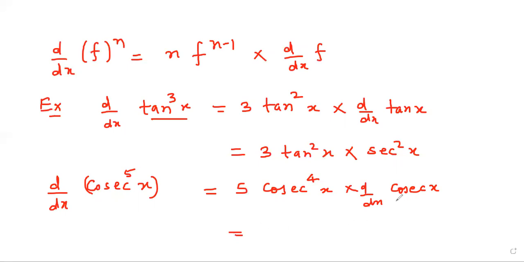So we write it in the beginning. So minus 5 cosec x cot x times cosec power 4x. Here cosec power 1 and cosec power 4 will become cosec power 5 and times cot x times 5.